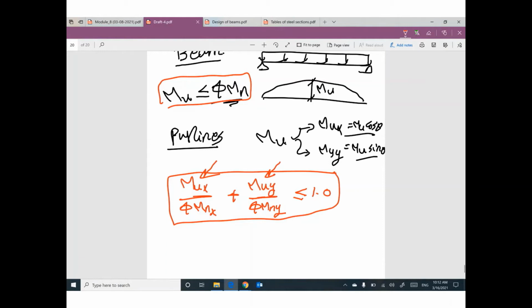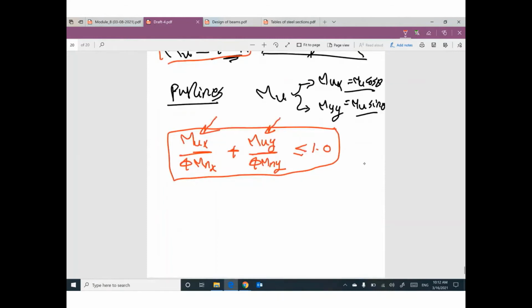I will not say this situation will happen only with purlins. I will say this situation will happen with any beam supported by a sloped beam. If you have a sloped roof, sloped rafter, sloped anything, and this beam is supporting another beam, the other beam will be tilted by angle theta. So we are in this situation.